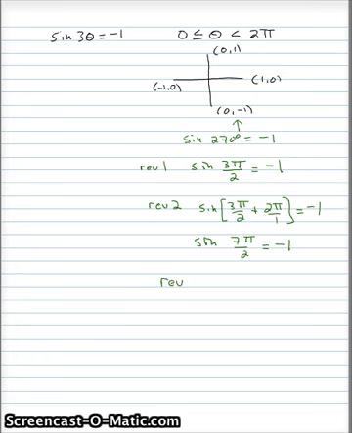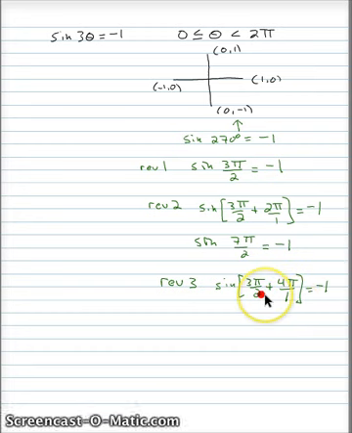So let's take a look at that. Revolution 3. Sine of 3 pi over 2 plus 4 pi over 1 will also equal negative 1. Now let's think about how we're going to add the fractions here. 3 pi times 1 is 3 pi. 4 pi times 2 is 8 pi. 3 pi plus 8 pi is 11 pi over 2 times 1 is 2.